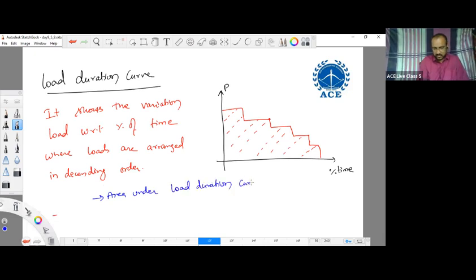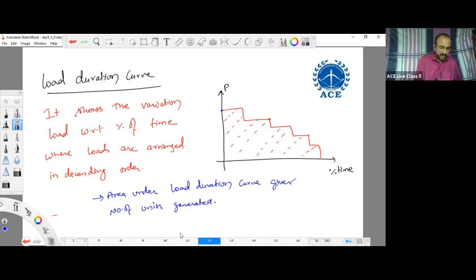The highest point gives the maximum demand. Whatever data you get here, you can also directly obtain in the case of a load duration curve.